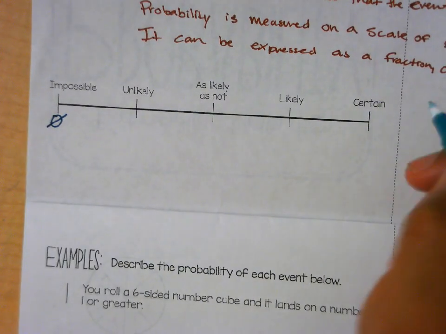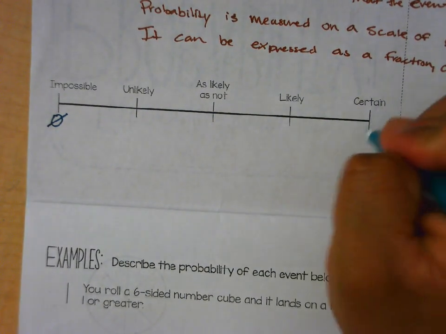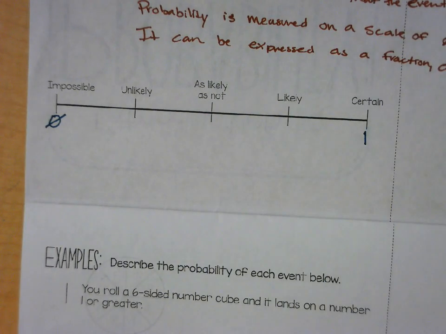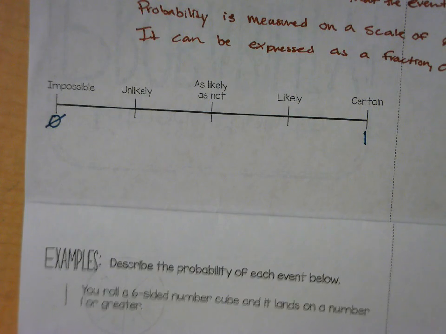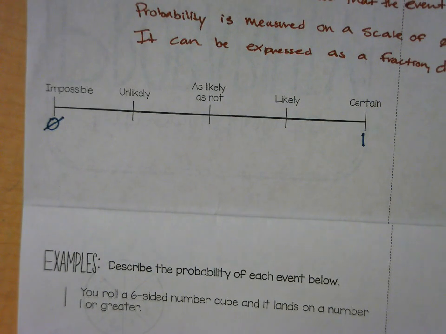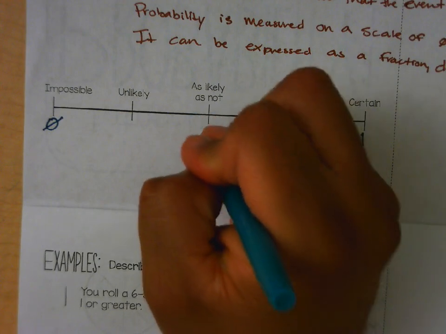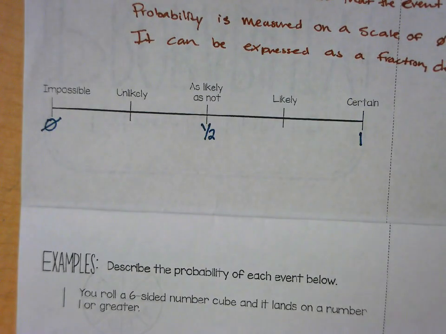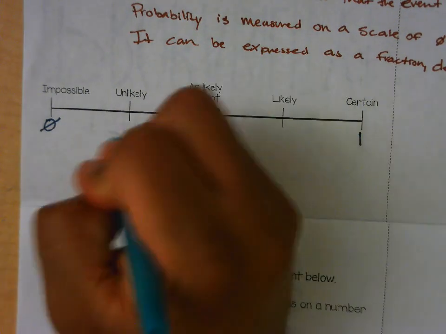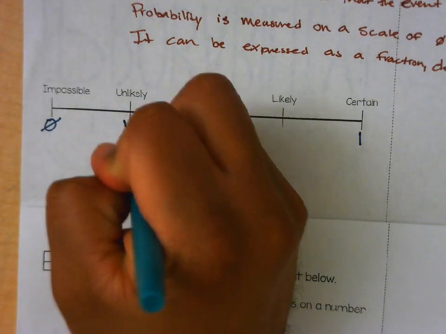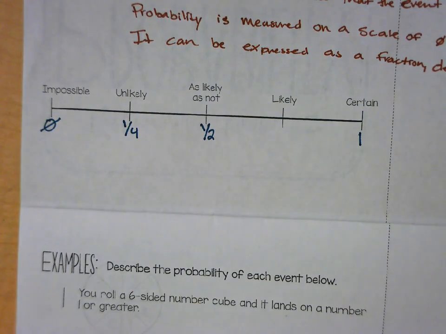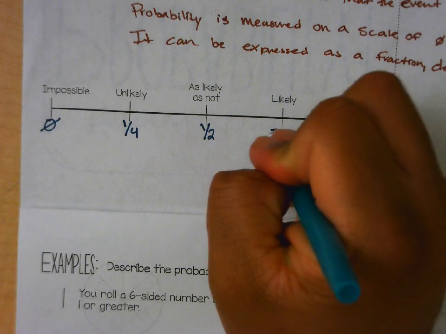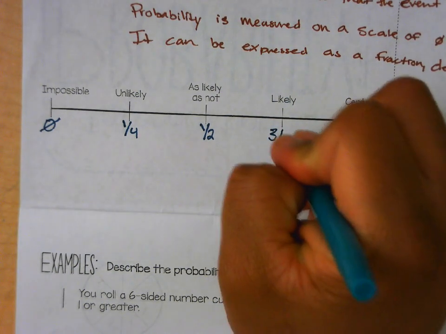If you're talking about certain, that's what we say is 1. As likely as not is halfway in between. So what would you put there? 1/2. Unlikely, we're talking about half of 1/2, which is 1/4. And then likely, what do you think goes there? 3/4.